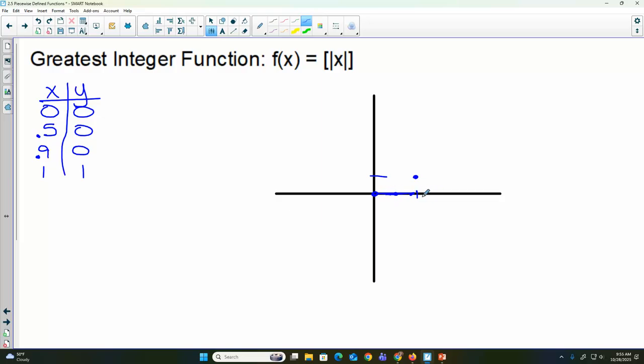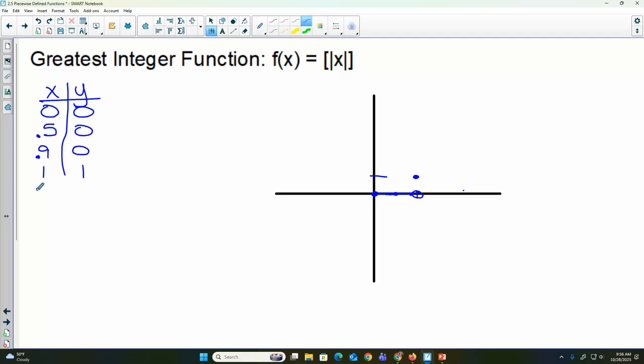Now, it's getting closer and closer to the 1 on my x-axis, right? And I could have put in like 0.99, 0.999. So kind of like on our piecewise functions where we always had to plug in the endpoint even if it wasn't equal to, we're going to have to go all the way up to this point, and I'm going to end it with an open circle. I'm going to be down here right up until that point when I put in 1. That's when this piece ends. But then when I put in 1, I get out 1.